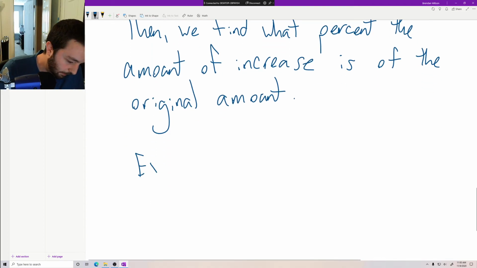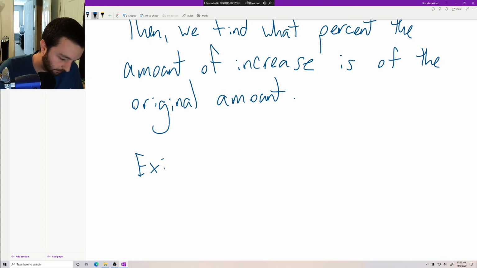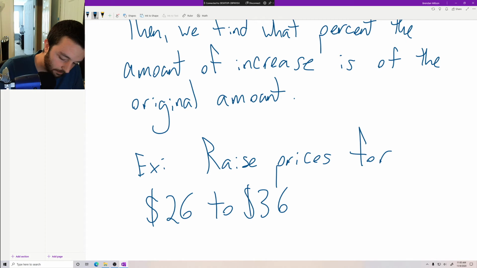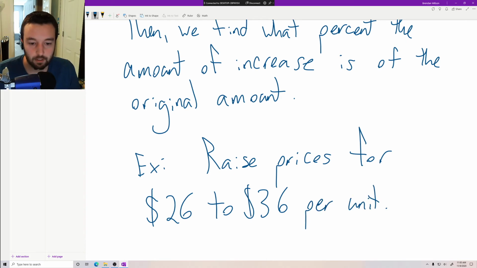So let's write down an example here. Say we raise prices from $26 to $36 per unit. Okay.